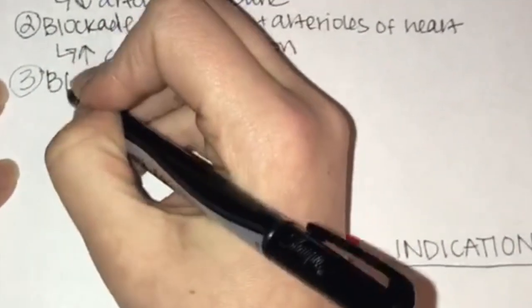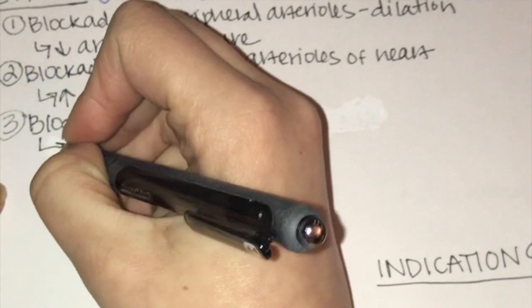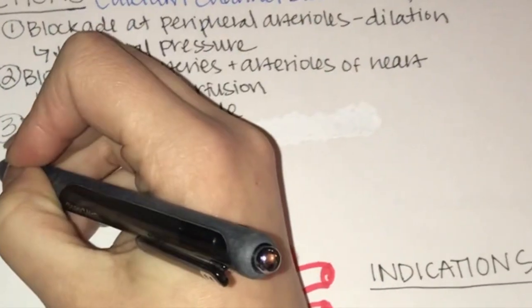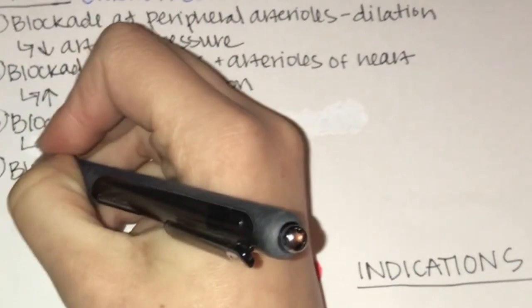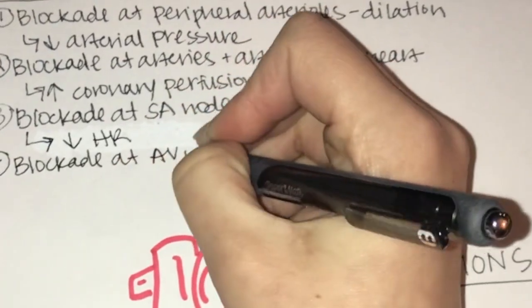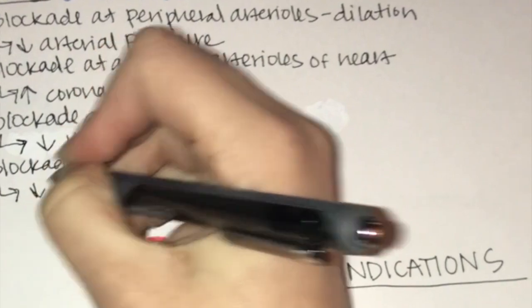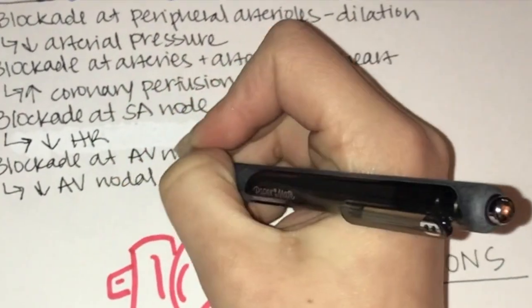Next, blockade at the SA node. So that's going to decrease heart rate. And then it's going to cause blockade at the AV node. And that is going to cause decreased AV nodal conduction.